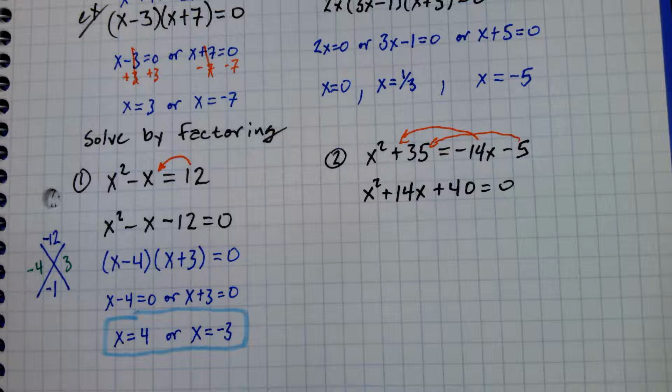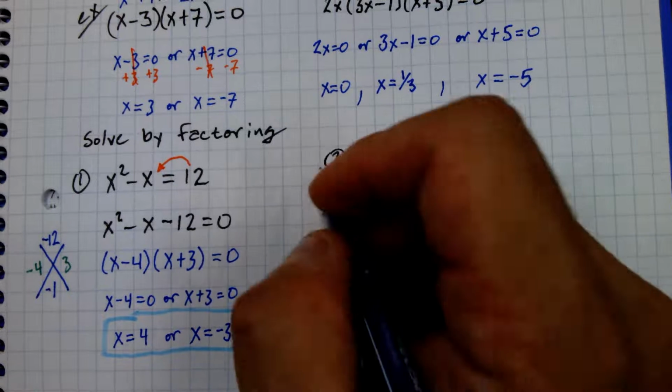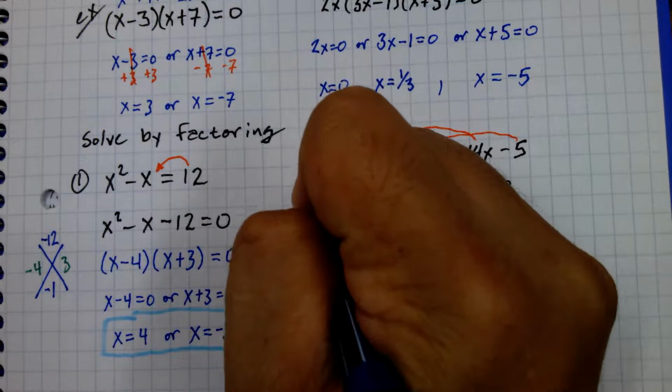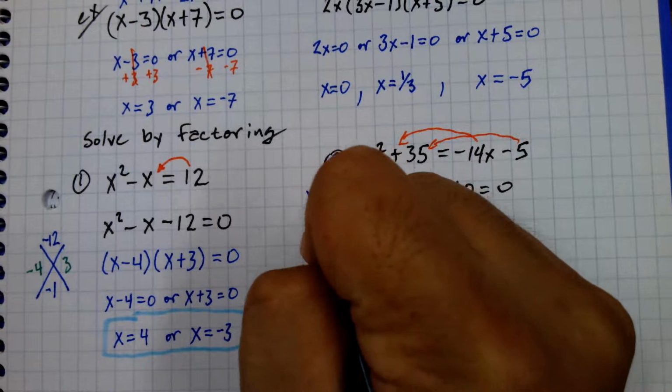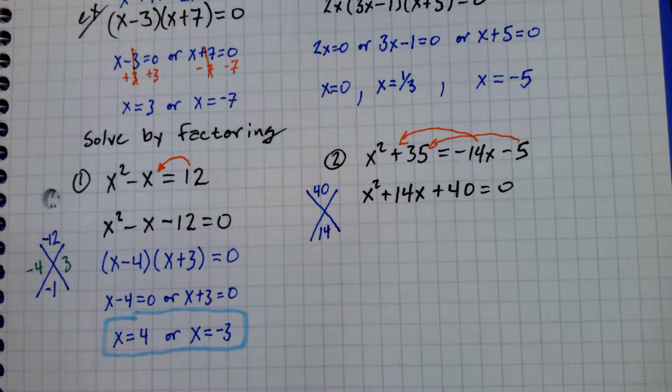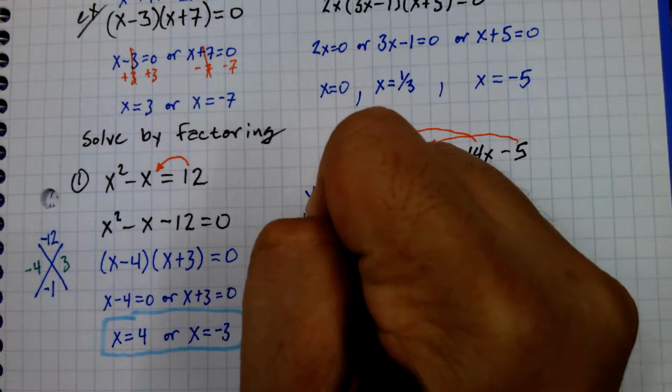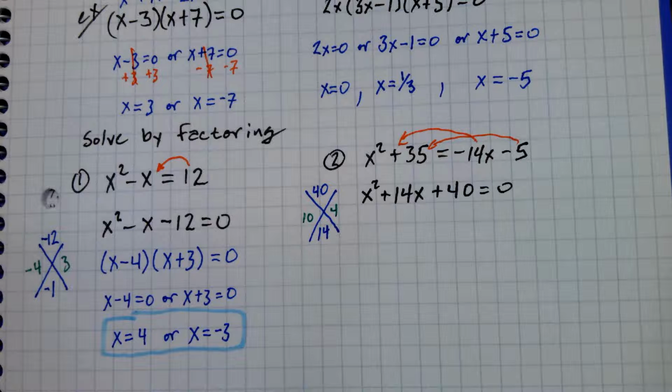Okay, so we want a diamond problem here. And we have 40 and 14. What numbers would work there? 10 and 4. And they're both positive.